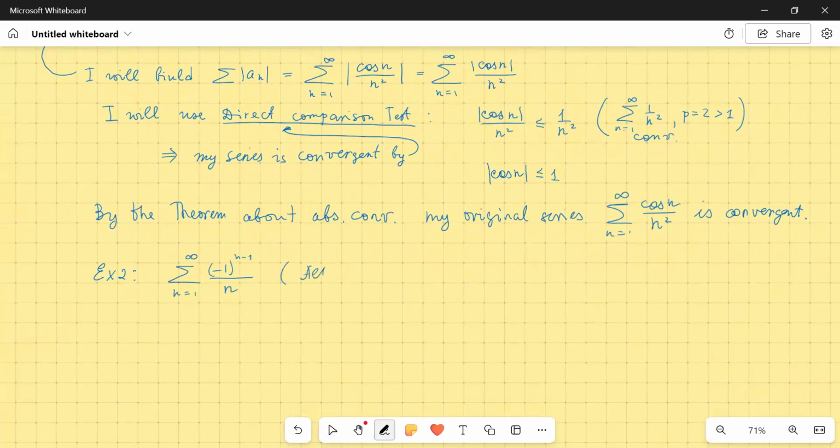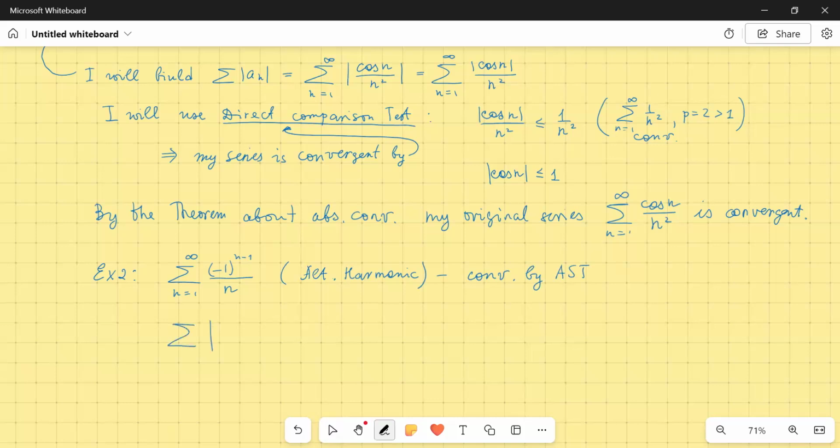We know that it's convergent by the alternating series test, right? Alternating harmonic is convergent. Let's look at how the absolute values behave.